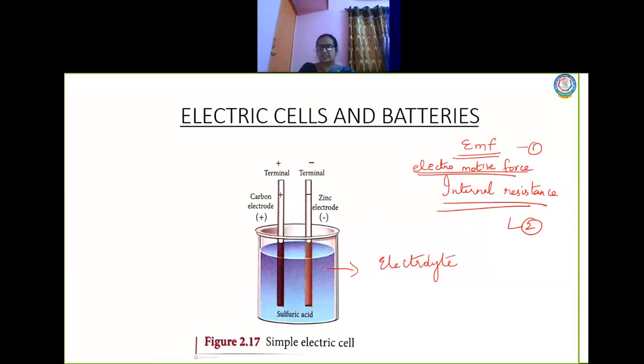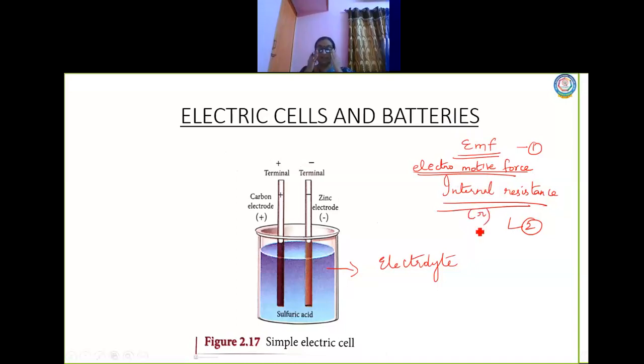When I connect it to an external circuit, current will be flowing from the positive to negative, and inside it is from negative to positive. Wherever there is a current flow, there is always a resistance that is opposing the current. The resistance inside the battery, you call it internal resistance. This internal resistance is represented by small r.